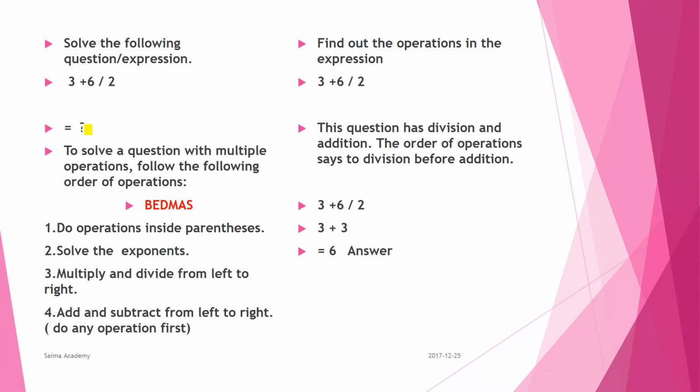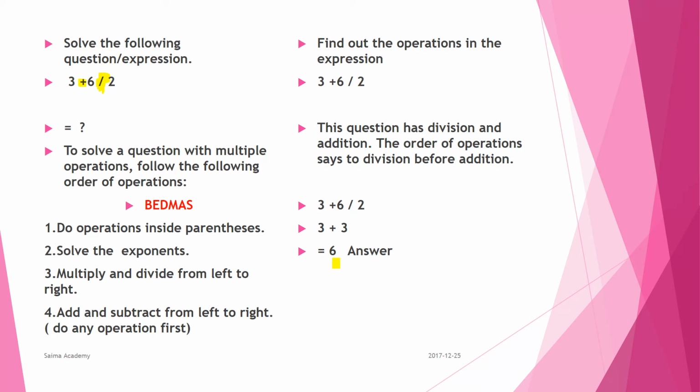We will do one more question. Here, you first have to see how many operations you have and what they are. Because this is a very simple lesson, in the next lesson we will do some more complicated questions as well. So, 3 plus 6 divided by 2. I will not do 3 plus 6 is 9 and then 9 divided by 2, because the answer would be 4.5, which is wrong.